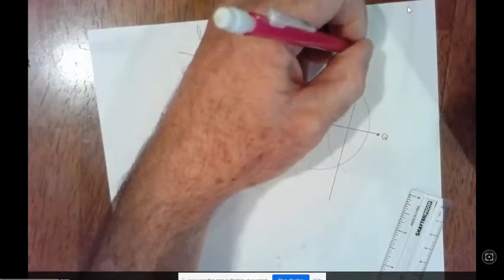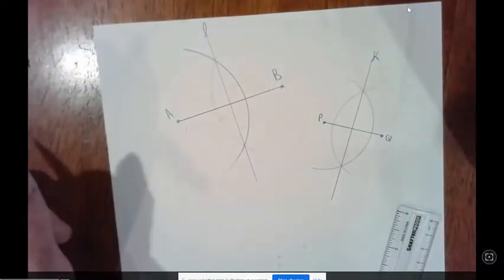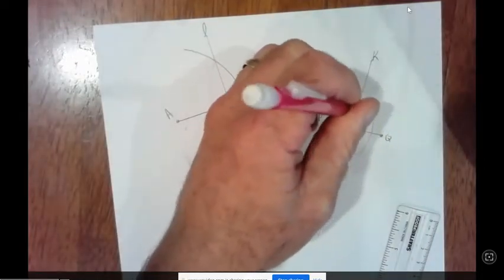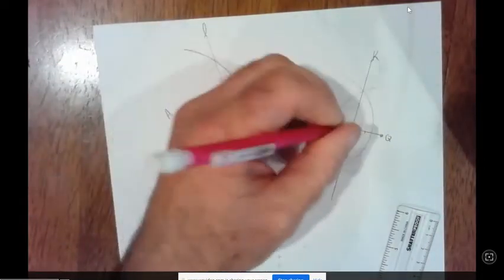We'll call it line K. Line K is the perpendicular bisector of PQ, meaning it cuts PQ exactly in half, and it's forming a right angle as well.